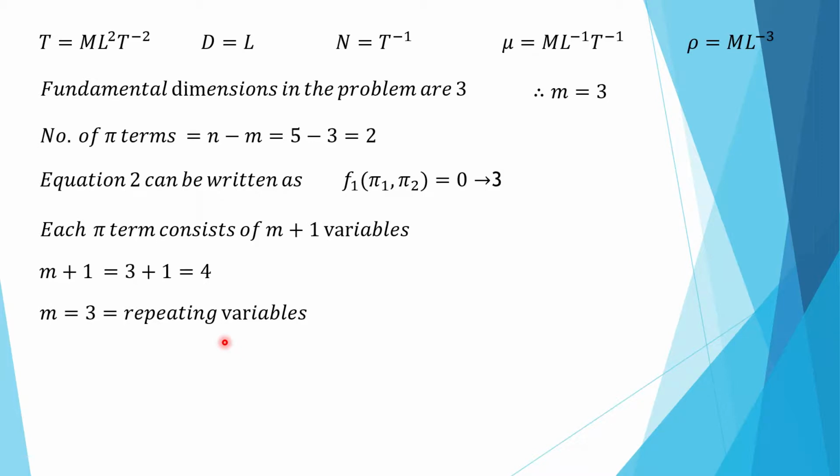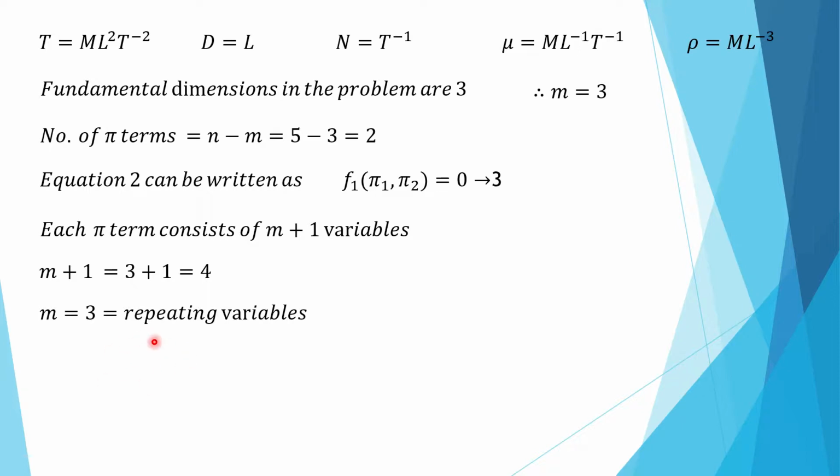Generally, the repeating variables are selected one from geometric property like diameter, length, height, etc. One from the flow property like velocity, acceleration, speed, etc. And one from the fluid property like dynamic viscosity, density, etc.